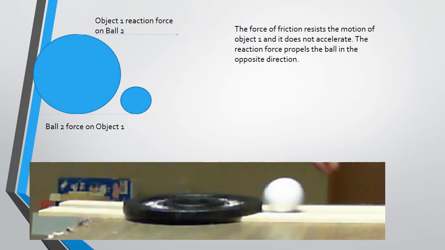When object 2 strikes object 1, object 1's reaction force causes object 2 to accelerate in the opposite direction as its initial travel. The force of friction is great enough on object 1 that it does not move.